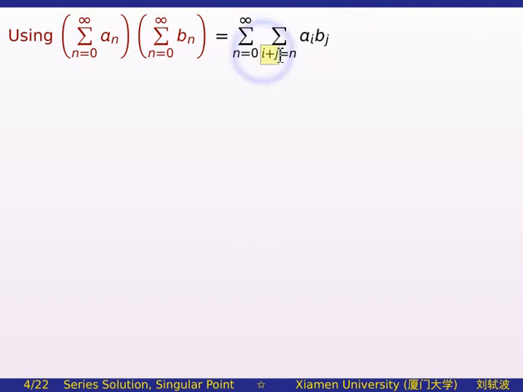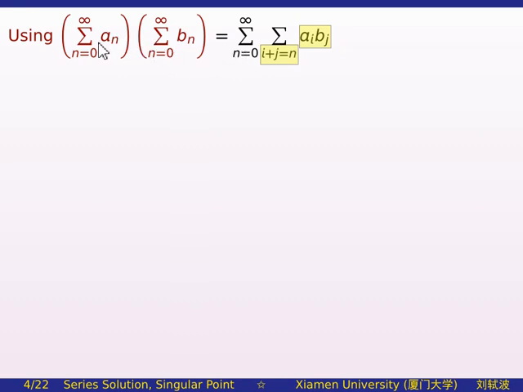For this new series, the nth term is the sum of a_i b_j, where i plus j is n. This is a formula we learned in calculus about series. In general, this is not true, but if one of these series is absolutely convergent, then we have this formula. In particular, if both series are absolutely convergent, then this is definitely true.